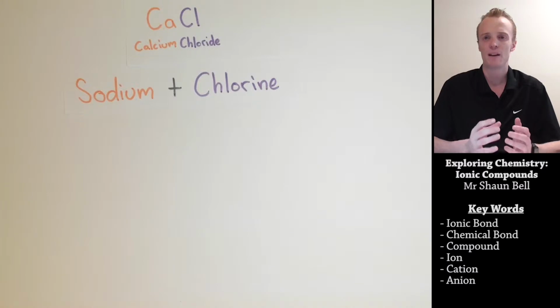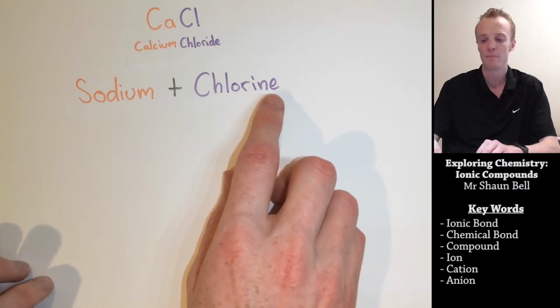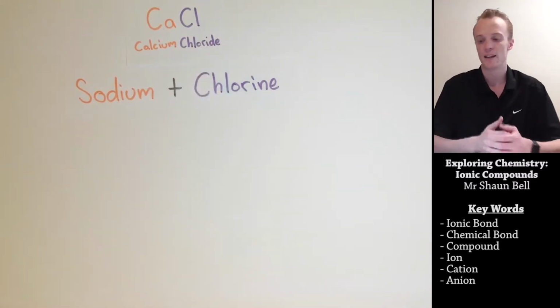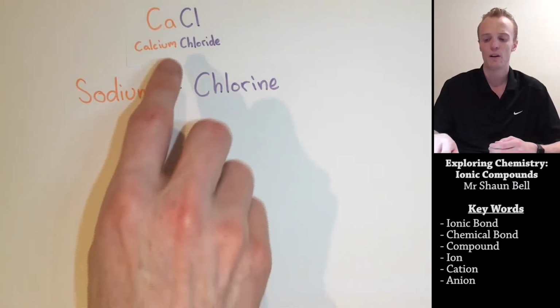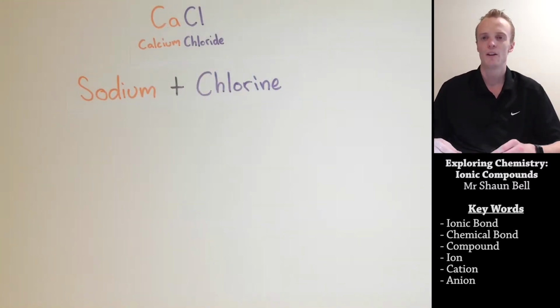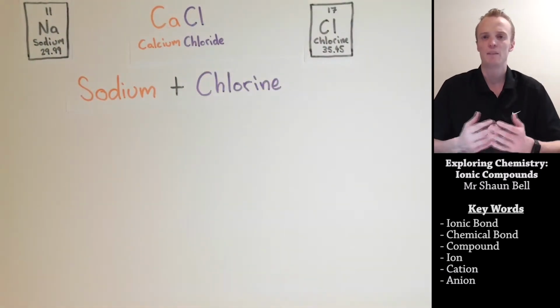When an atom becomes a negatively charged ion, we usually drop the last part of the name and replace it with IDE. So in this case, chlorine, we've dropped the "ine" for chloride. So if you see IDE in the name of an element, it simply means it's become the negative ion of that element.